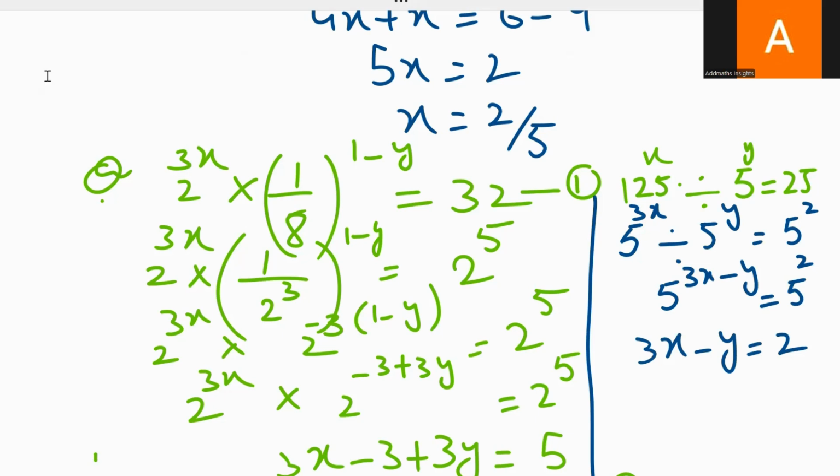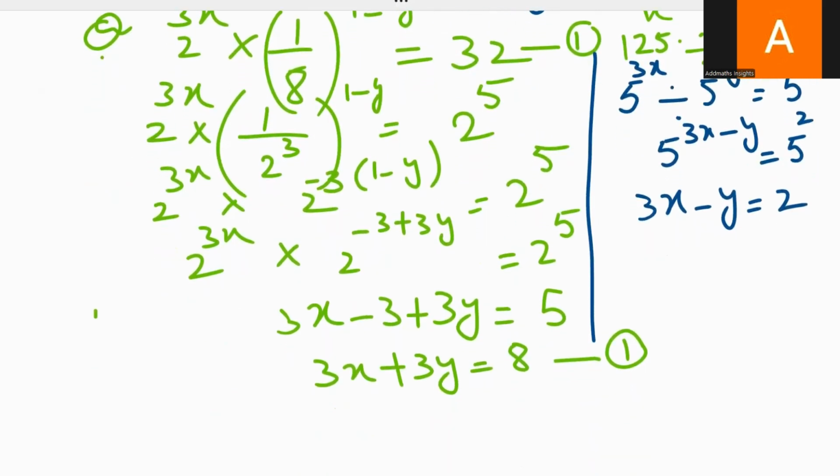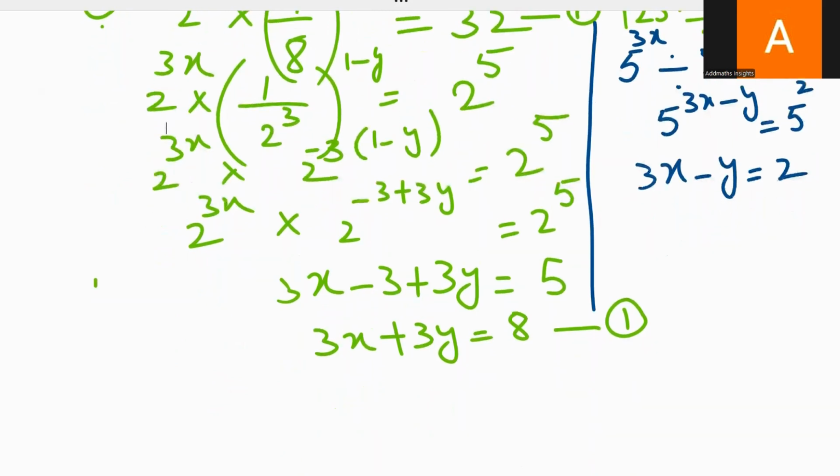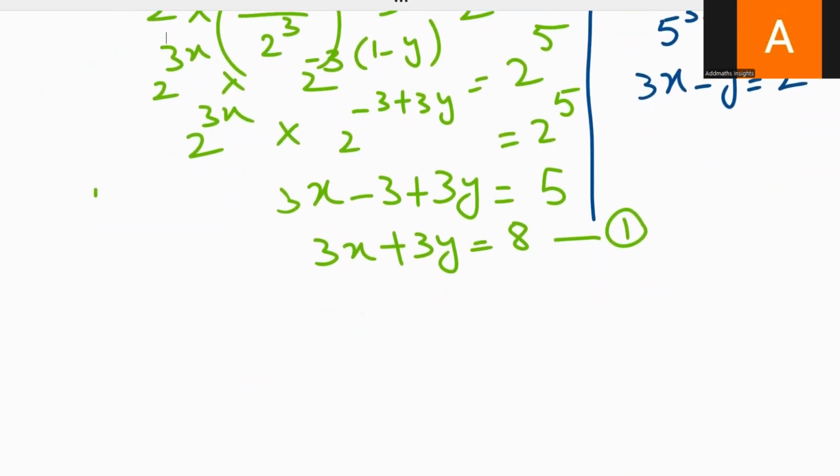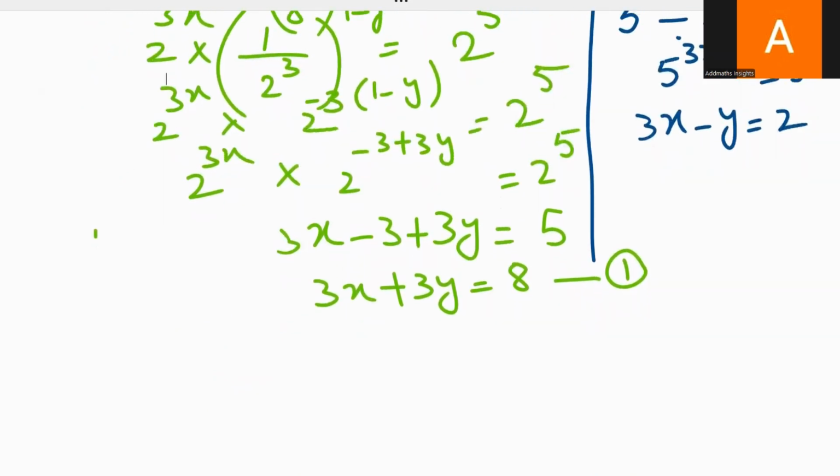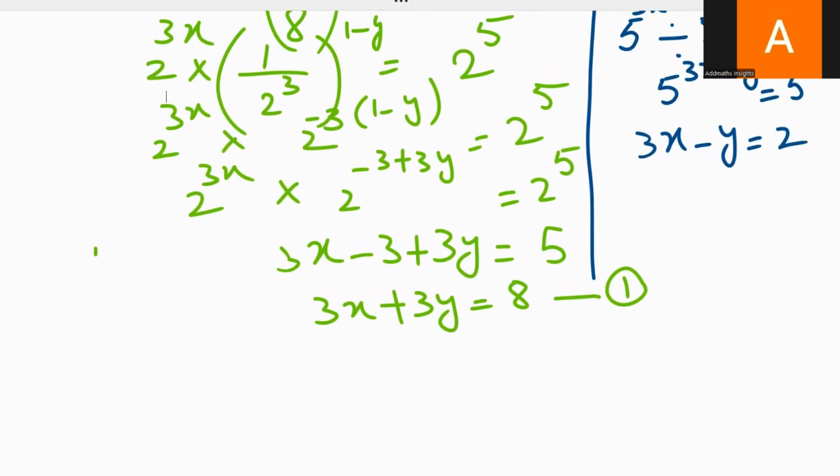Now you are given two equations. We have two simultaneous equations. One of them is 3x plus 3y is 8. And second is now 3x minus y is 2. Right? So this is how you transform it. Now you can solve them simultaneously.